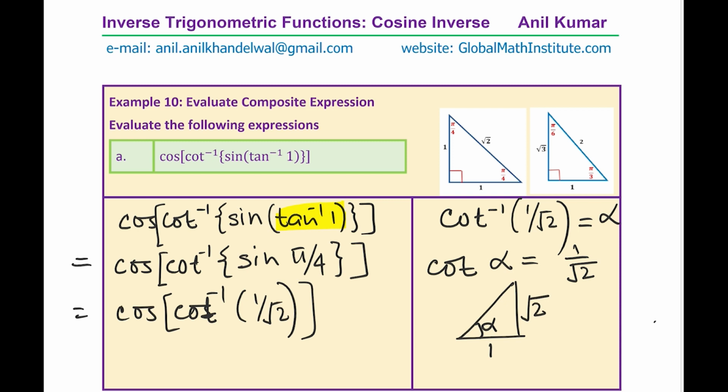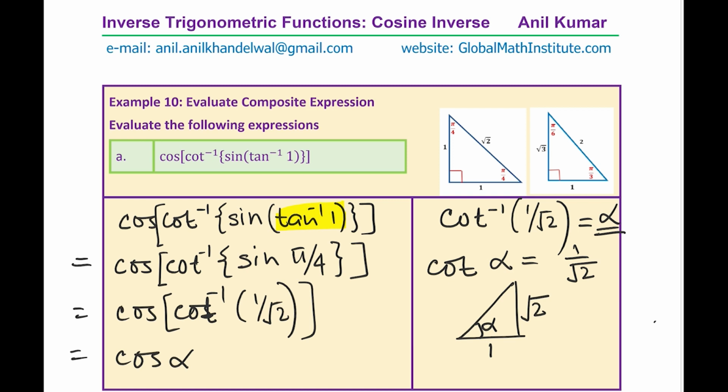Now once we have this, we want to find cos of this, right? So what is cos of alpha? We're saying cot inverse of this is alpha, so that is cos of alpha. Looking into this triangle, what is cos of alpha? Let's find the hypotenuse.